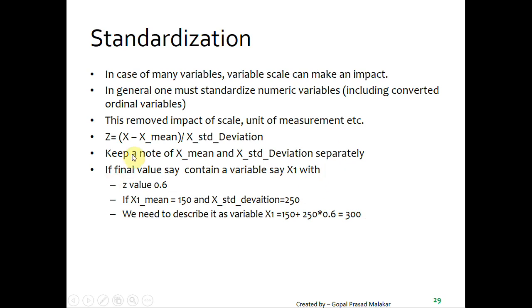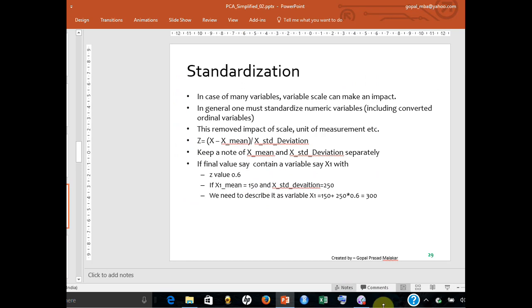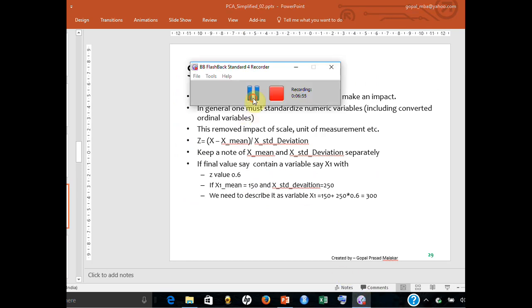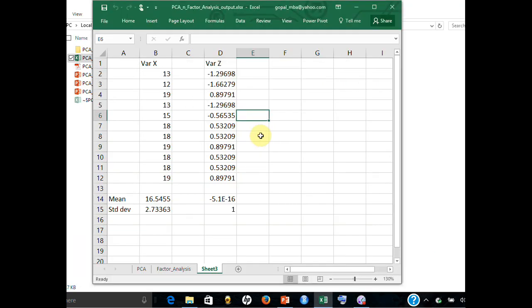Let me just show you this standardization once again using Excel. If this is the data that you have, you take the average and calculate the standard deviation, and then x minus x bar, which is 13 minus the average, divided by the standard deviation is what gives you the Z values.